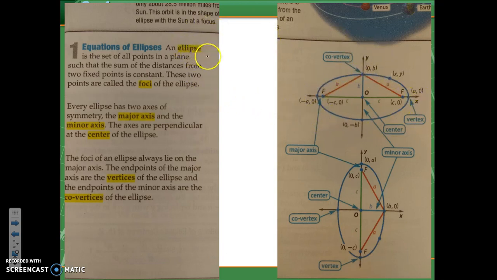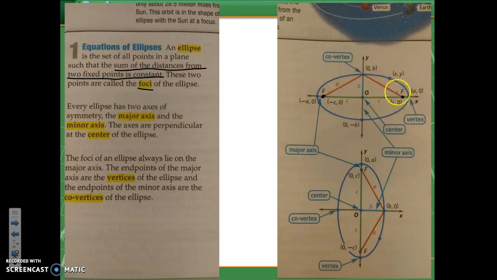They have a special property. An ellipse is the set of all points in the plane such that the sum of the distances from two fixed points is constant. Those two points are called the foci. So a parabola had one focus, an ellipse has two. If you look over here at this graph, here's one focus and here's another.